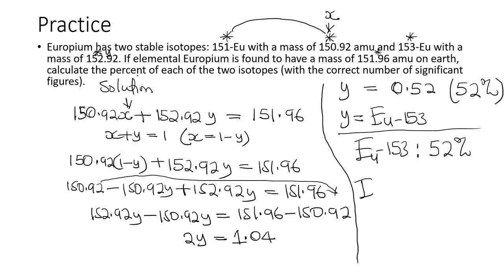Eu151 therefore is present with an abundance of 48%. When you add the two percentages, should give you 100%.